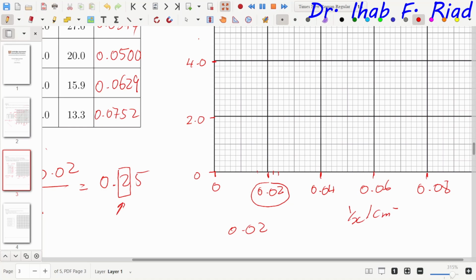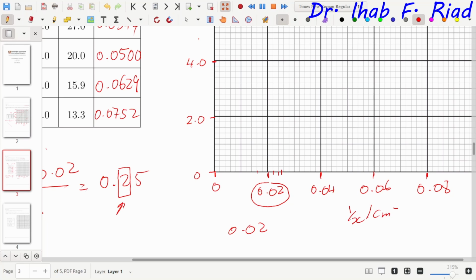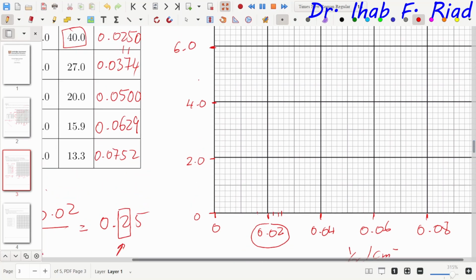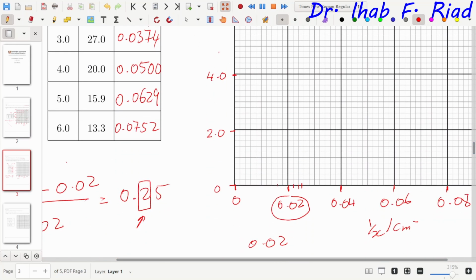And 5 means it is midway between 2 and 3, so it is here in the middle. So this is 0.025, and the point is around here.